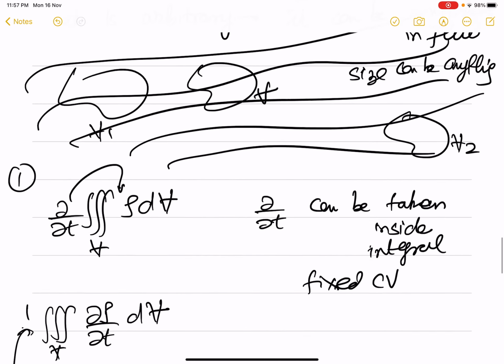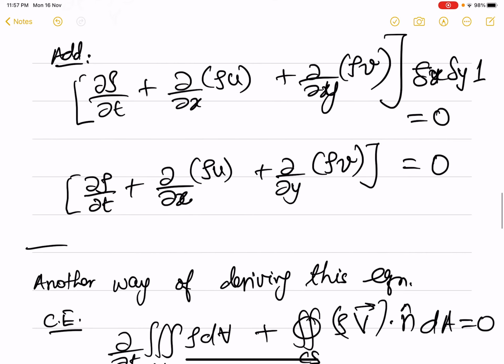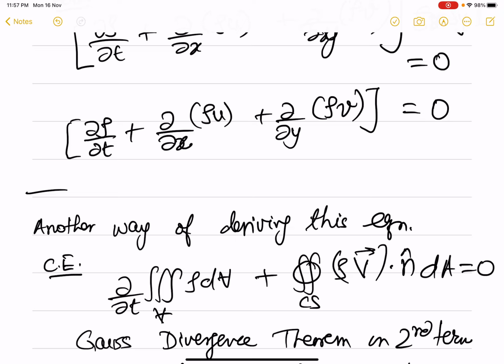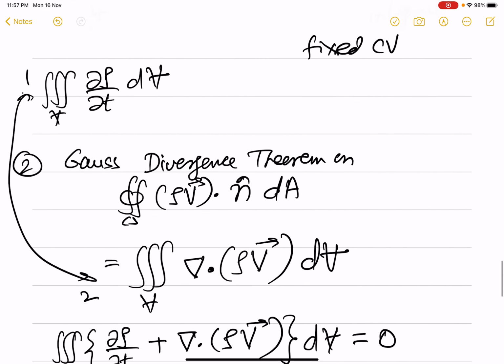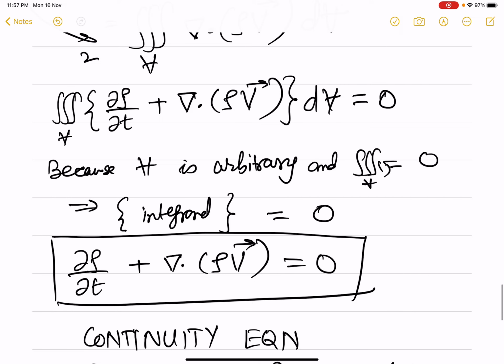Now notice the form which we derived using a control volume and taking u and v as the velocity components, in terms of x and y, was partial rho by partial t plus partial by partial x of rho u plus partial by partial y of rho v is equal to 0. And the general 3D form of that is partial rho by partial t plus divergence of rho v is equal to 0. And this is the continuity equation.